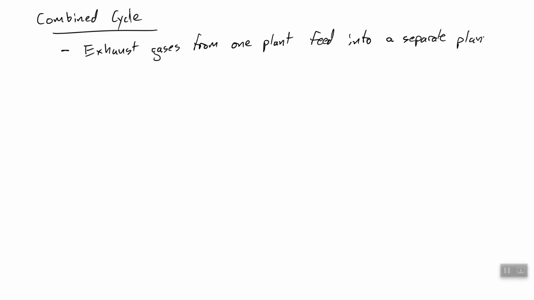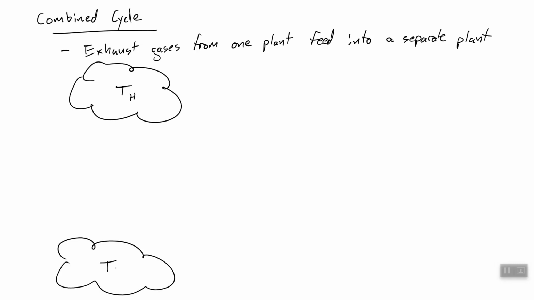So it's best to draw an example here. So we have a high temperature reservoir and we have a cold temperature reservoir. Before we've drawn one heat engine operating between these two reservoirs. Well, we're going to ditch that idea. We're going to say, well, what about two heat engines?